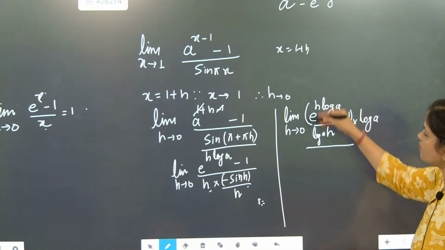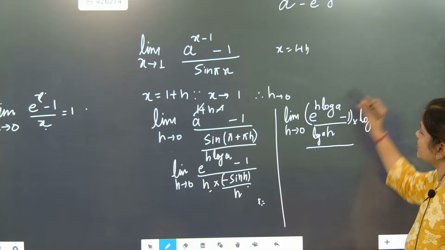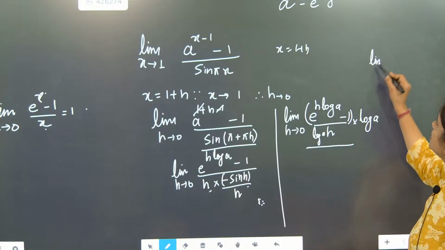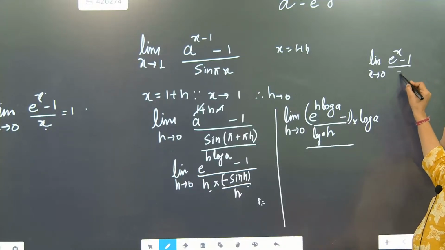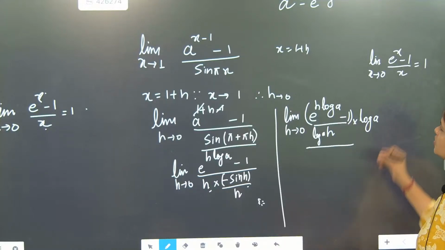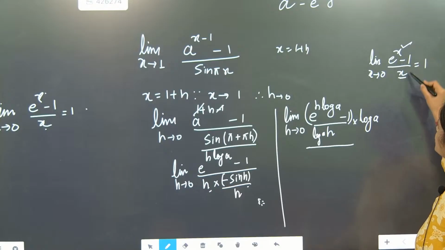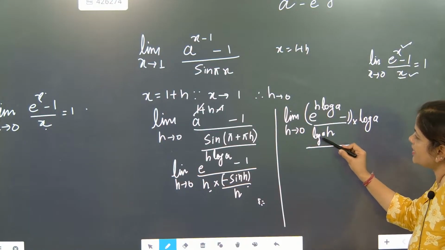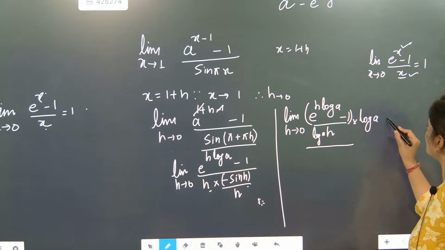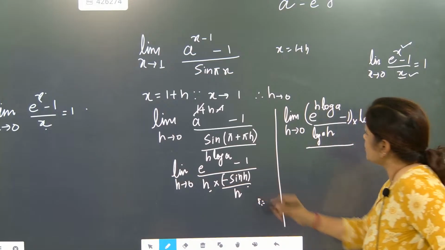This one will become 1 because of log a into h, because we know this formula: limit h tends to 0, e to the power x minus 1 by x is equal to 1. So beta, whatever is in the power, the same has to be there. So here log a is there, so we multiplied and divided log a. But what about sin? Is our sin going to create a problem?